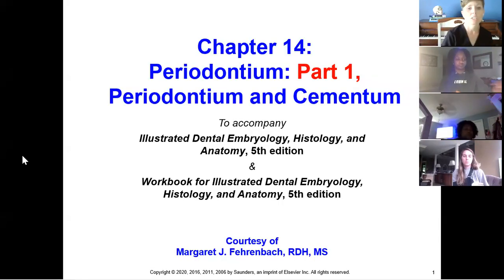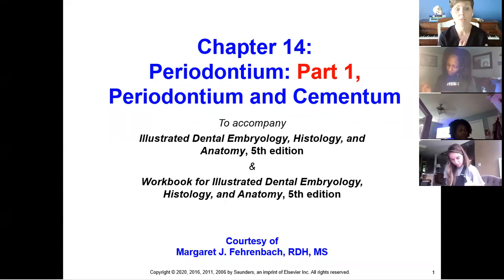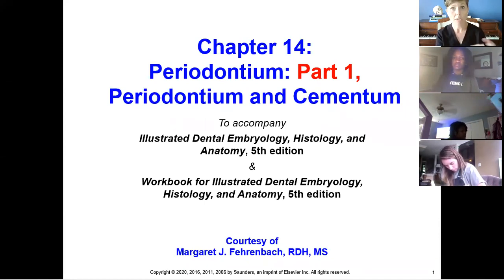So talking about the periodontium, it consists of the cementum and the alveolar process. The cementum is the material on the outside of the root. The crown has enamel, dentin, and then the pulp, and the root has cementum, dentin, and then the pulp.